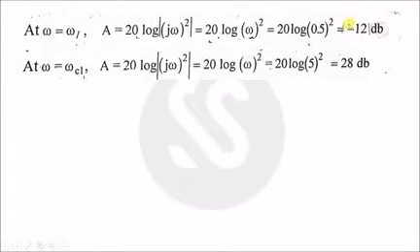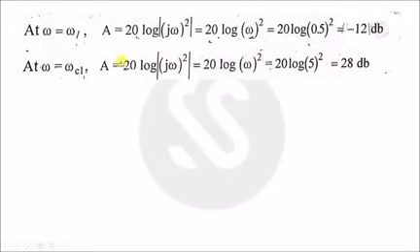Okay, this is the first point we have chosen. And if you go for the second point, it will be omega c1, and when you put the value of omega c1, you get 20 log 5 squared, which is nothing but 28 dB.